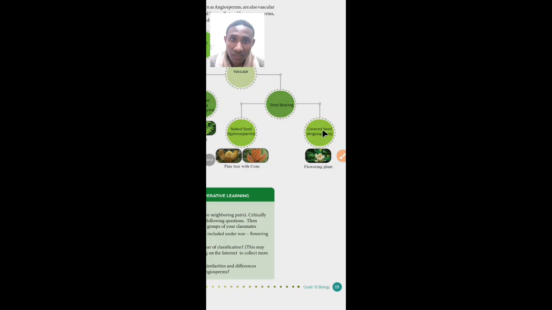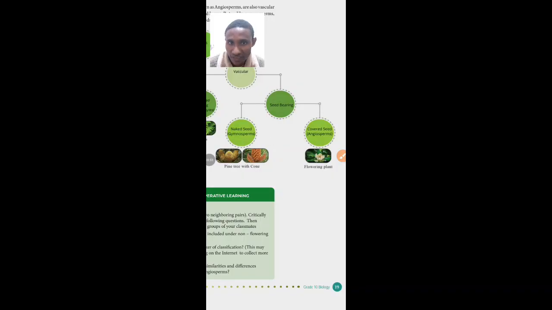The gymnosperms are like the pine tree, conifers, and zagwa. The gymnosperms bear seed, they are vascular, but their seed does not have fruit. The difference between gymnosperms and angiosperms is that gymnosperms bear seed, and angiosperms also bear seed.